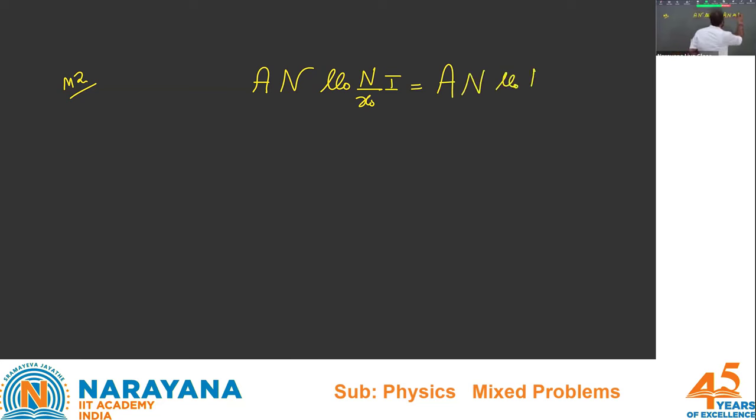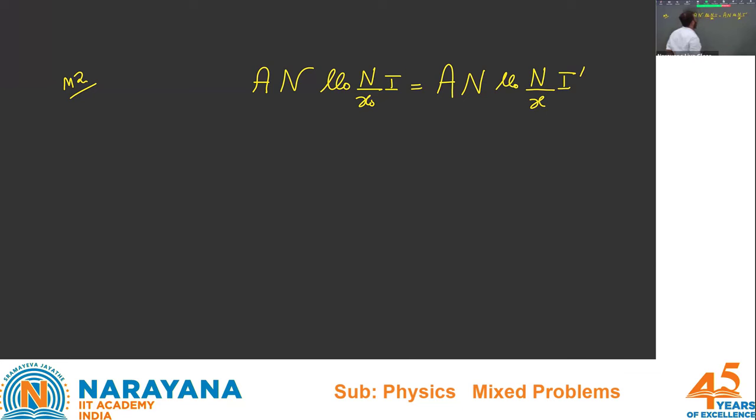So what he will do is write area into number of turns into B. And B is mu naught n by x naught into I. I am assuming that the area doesn't change much. Number of turns, fine. This is mu naught n upon some x into I prime.